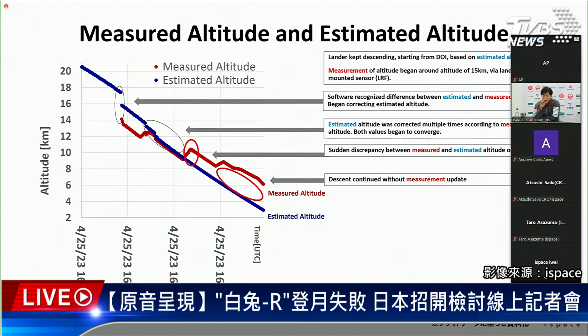This large jump means the onboard software of the Lambda successfully reflected the measurement result into the estimated altitude and corrected the altitude. After that, as you see here, both blue and red lines gradually converged. This is also a really good sign. That means estimation and measurement were almost consistent.